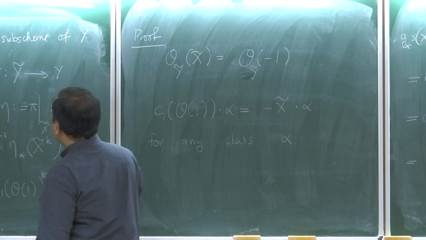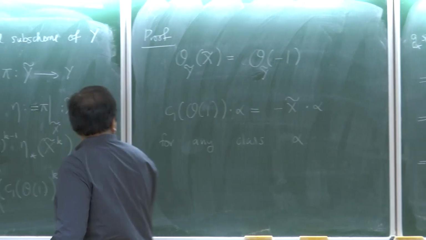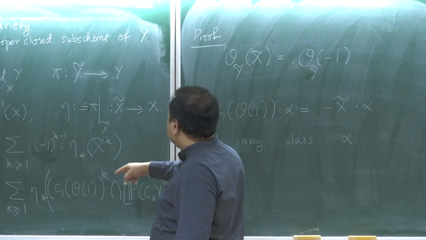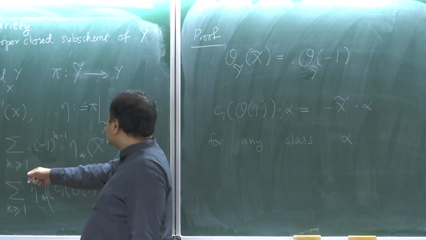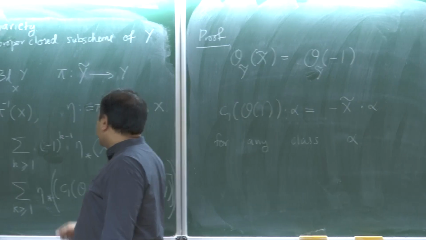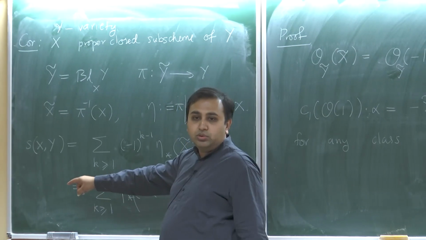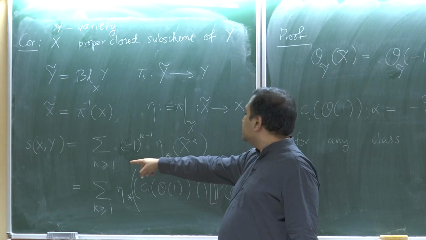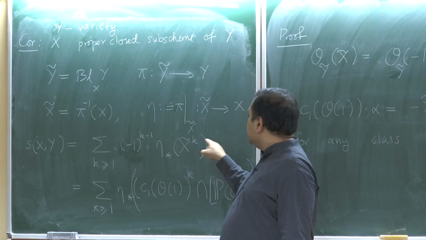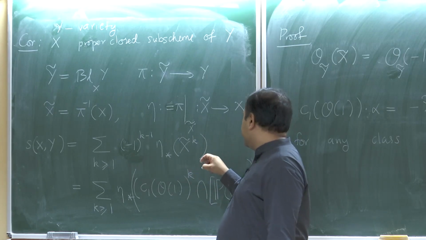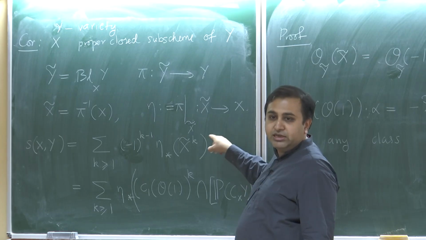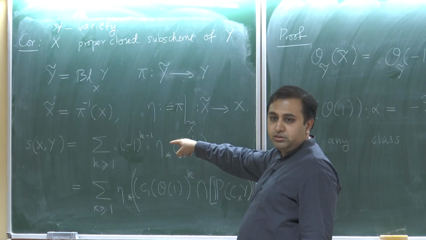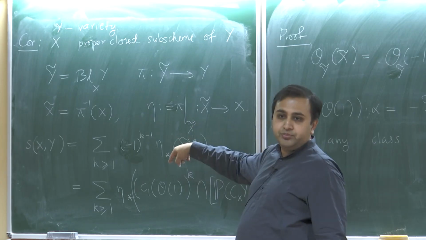So the sum here starts from, I'm going to have all these minus signs. The sum here starts from, it was starting from 0, but now I'm starting it from 1, because the first time you intersect this P(C plus 1), C_X plus 1, with O1, you first end up with x tilde.